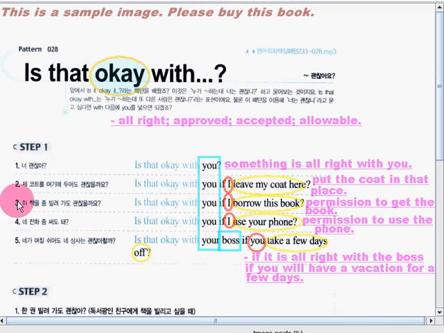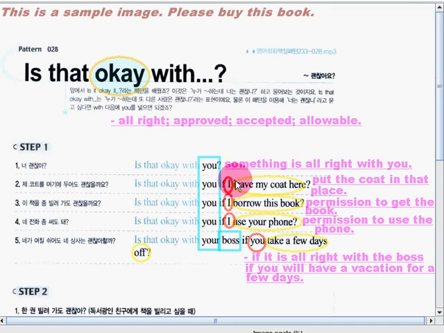How about number 2? Is that okay with you if I leave my coat here? Here we have the word you because we are asking permission from you, and you are talking about yourself, I. So you are the one who will make the action.